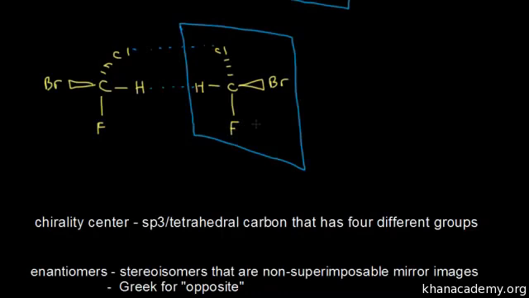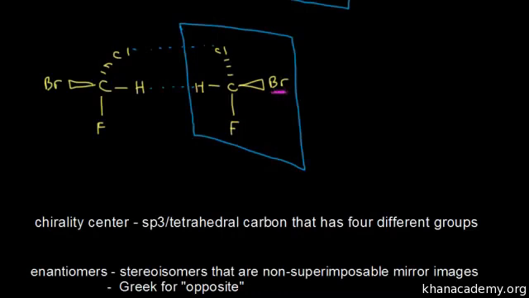So I have 2 molecules that are mirror images of each other. And if I took the molecule on the right, I would not be able to superimpose it on the molecule on the left. So if you have a molecular model set, go ahead and take it out, make these 2 molecules, and then take the molecule on the right and ask, how can I try to get the molecule on the right to look like the molecule on the left?